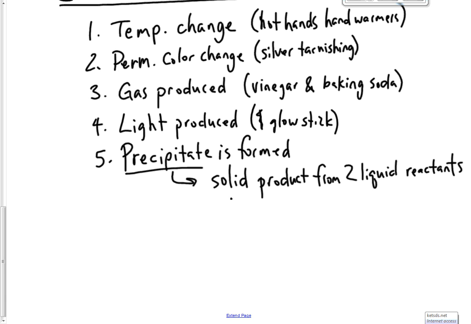Okay, so I take one liquid, I mix another liquid into it, and out falls a solid. I showed that to you when we started this, when we did our demos, but that was the yellow stuff that came out of the 2 liquids when I mixed them up. Okay, so that is your types of reactions and your evidence of chemical reactions.